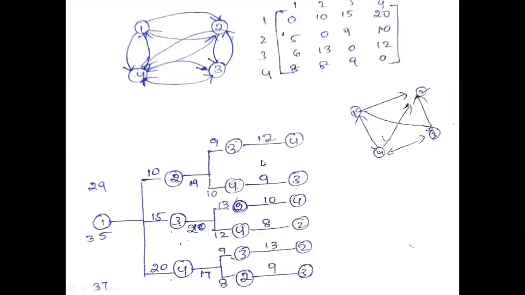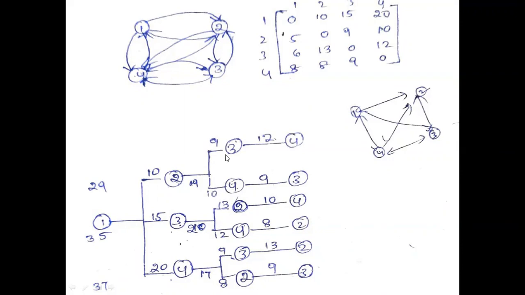In dynamic programming, first you consider all decision sequences from the first vertex to the second, third or fourth vertex. Suppose you start at the first vertex and reach the second vertex. From the second vertex you can reach the third or fourth vertex.